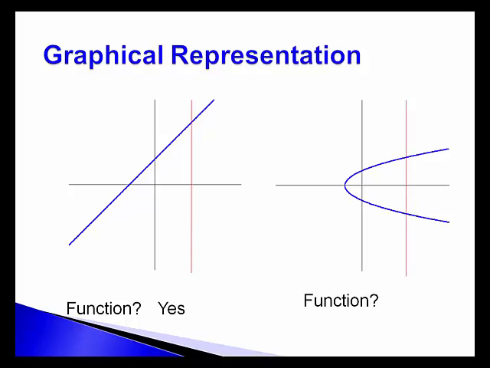Now let me ask you, in how many places does the red line intersect the blue graph? Twice. I see two different places. By the way, let's just make sure we're all looking at the same thing here. I see an intersection here, and I see an intersection here. So those are the two places that the vertical line intersects the blue graph, and so this is not a function.